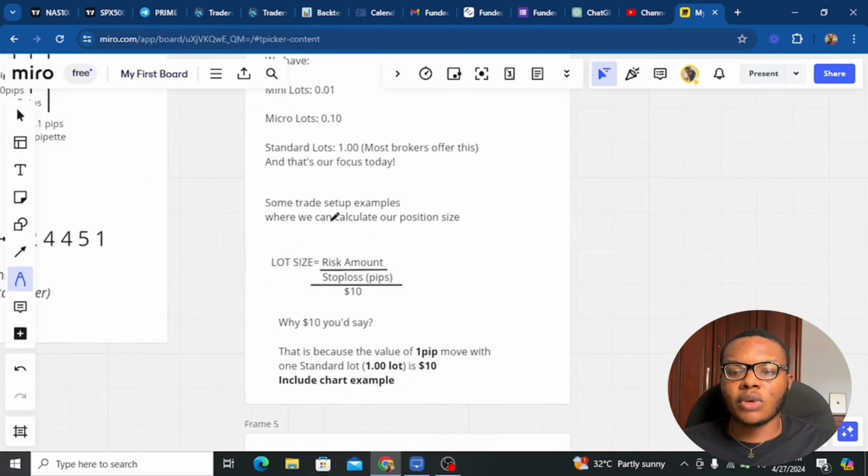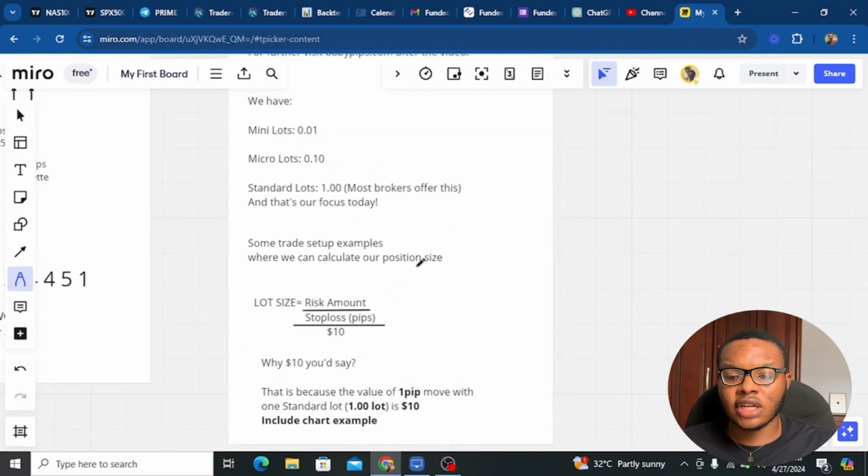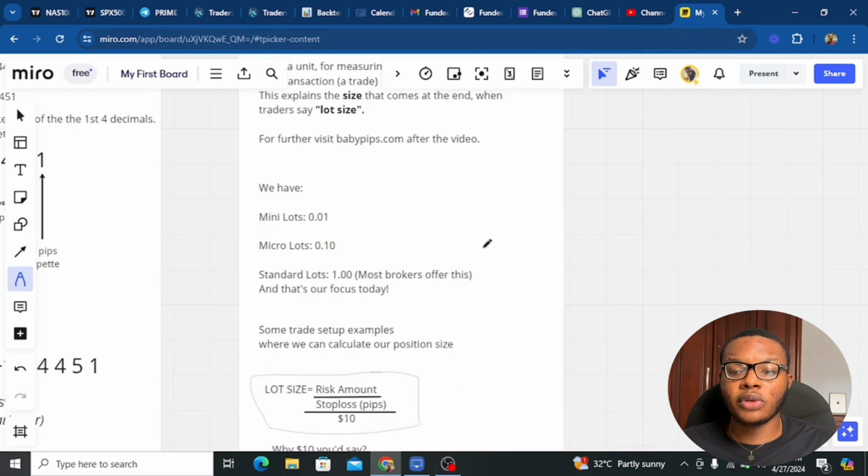Okay, so I'll show you some trade examples where you can calculate your position size before we come to use this formula that I have here. All right, so we should hop onto the charts now and let's see what trade examples I can come up with. First of all, because standard lots is the standard of the industry today, I'm not going to be showing you calculations of micro and mini lots.